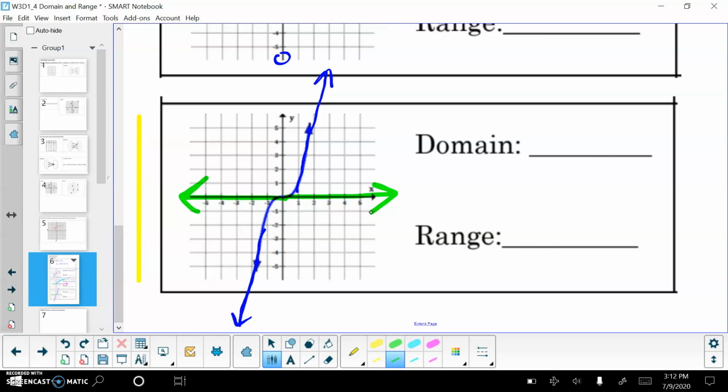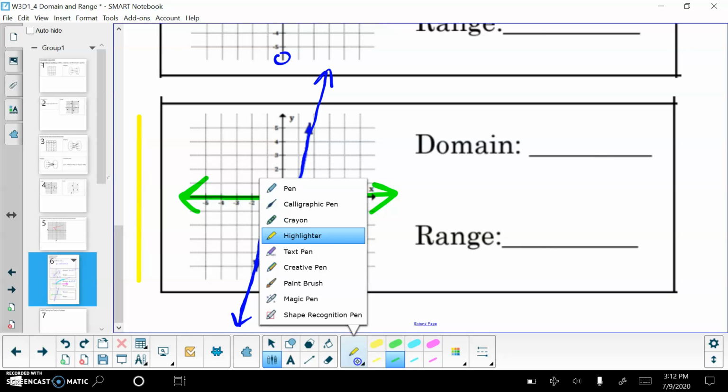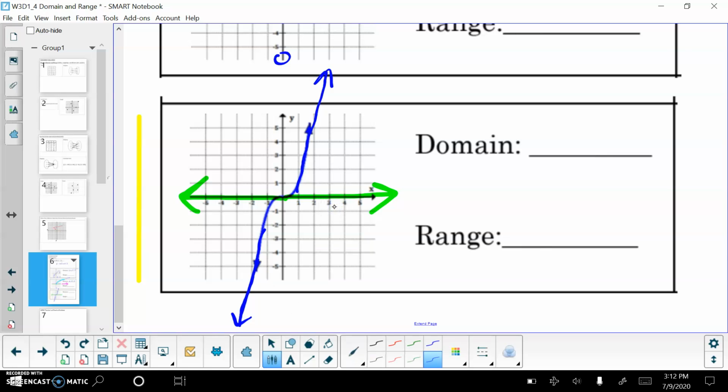So literally it never stops to the left and it never stops to the right. So if it never stops either direction, then we say that that's all numbers. It has no boundaries. There's no place that it stops. So we just say all real numbers.